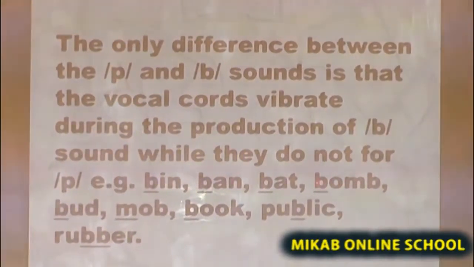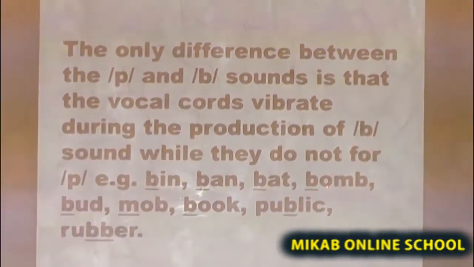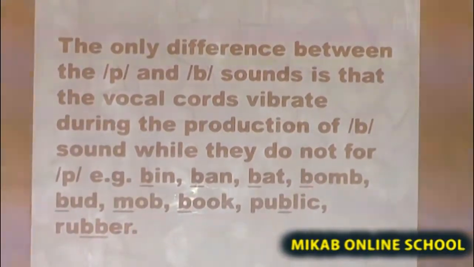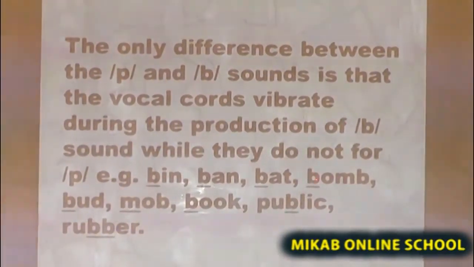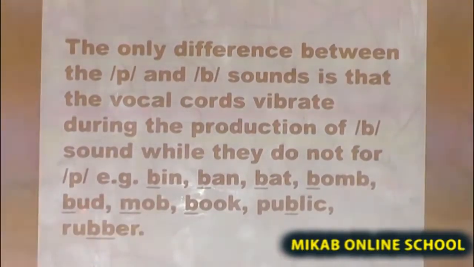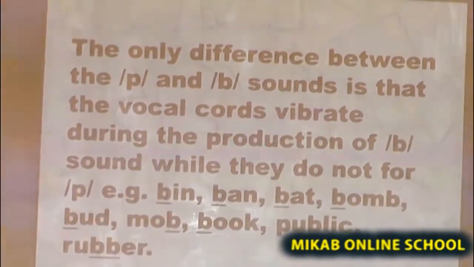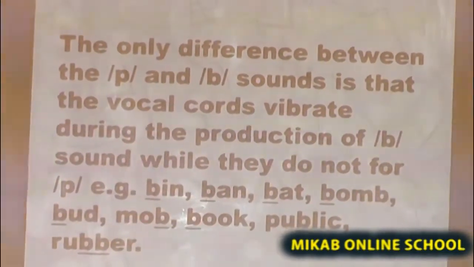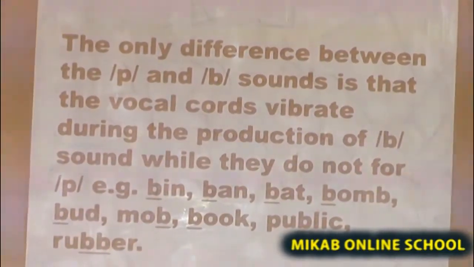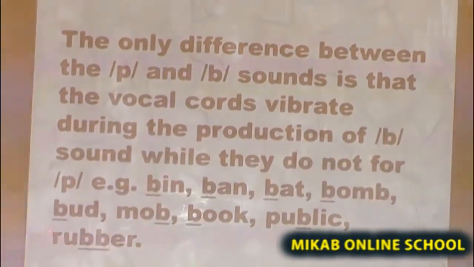When we get to the sound that contains the word, you get to know what is the pronunciation of this very word. It is bomb. But, more, book, public, rubber.